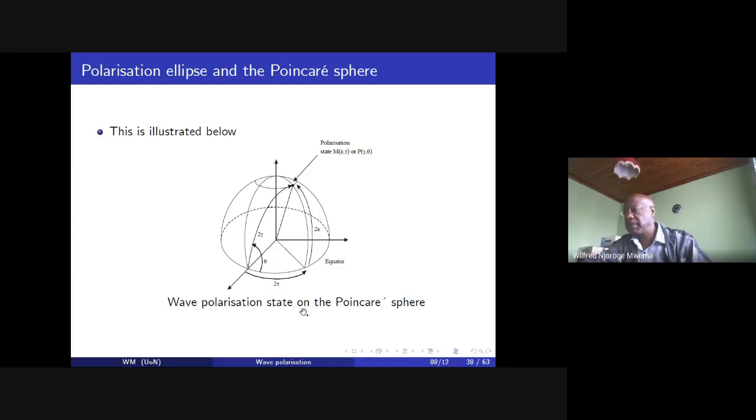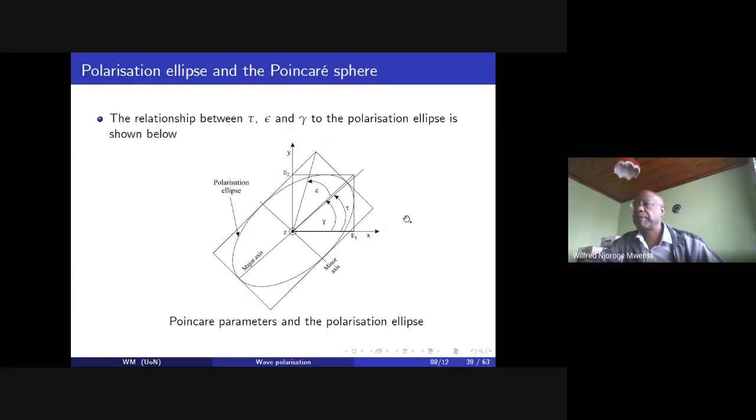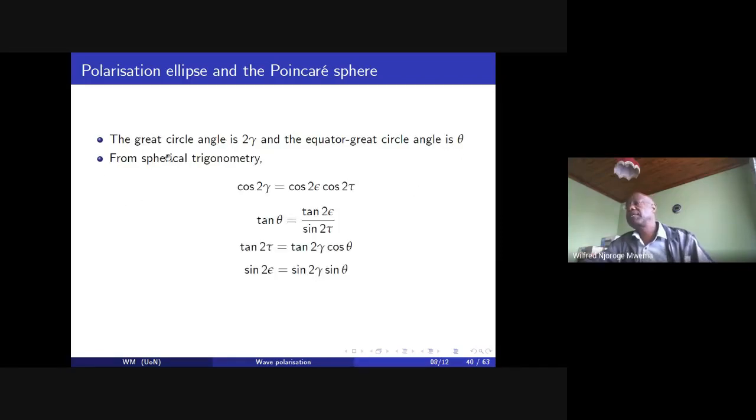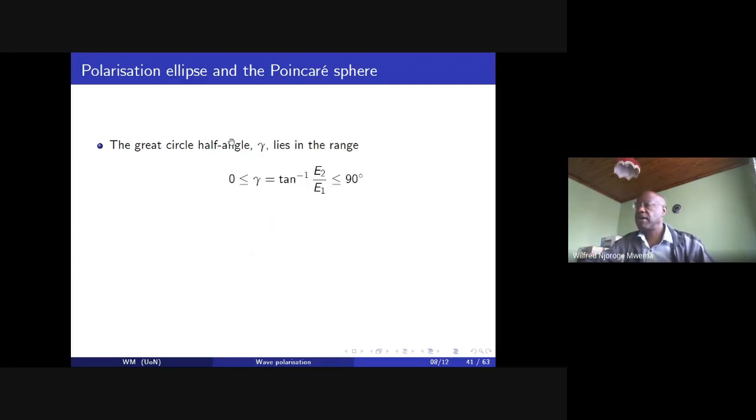The sphere is a complete sphere with a North Pole and a South Pole, and both introduce polarization states. The relationship between tau, epsilon, and gamma to the polarization ellipse is shown there. The great circle angle is twice gamma, and the equator great circle angle is theta. From spherical trigonometry, the relationship between the angles is that, and the great circle half angle gamma lies in the range between 0 and 90 degrees.